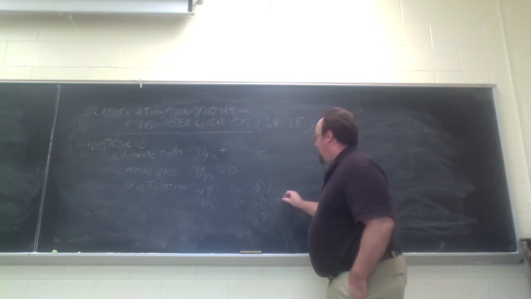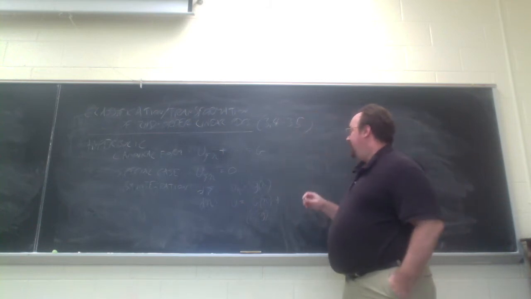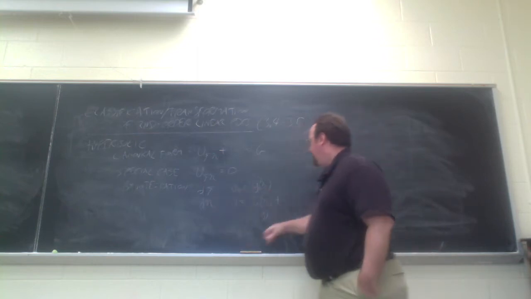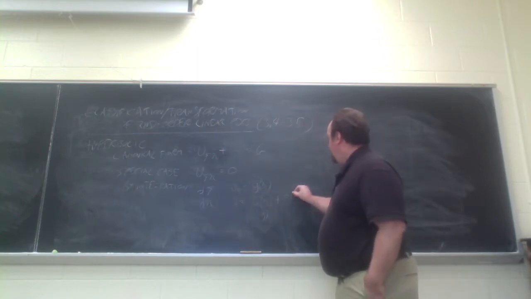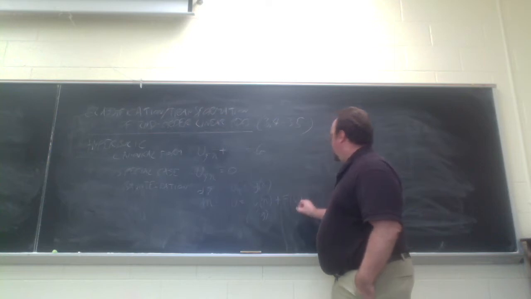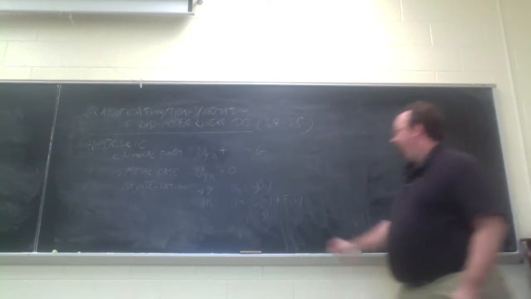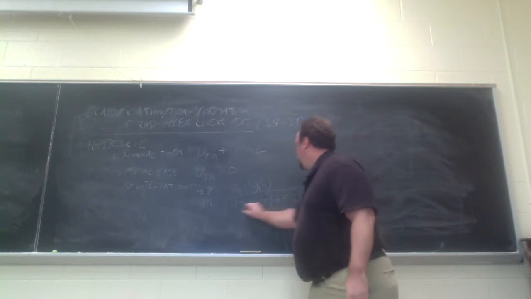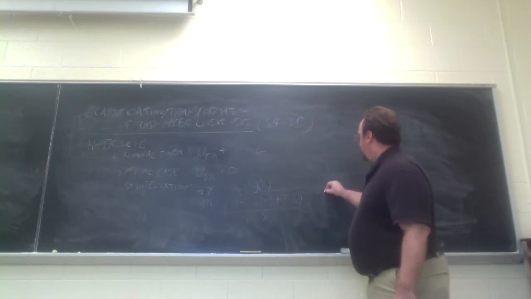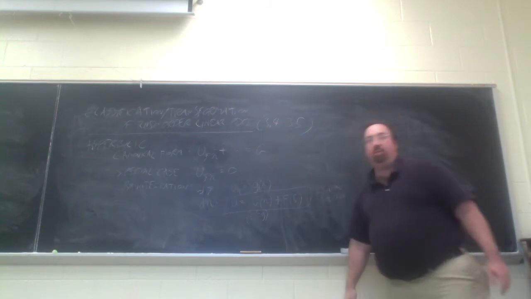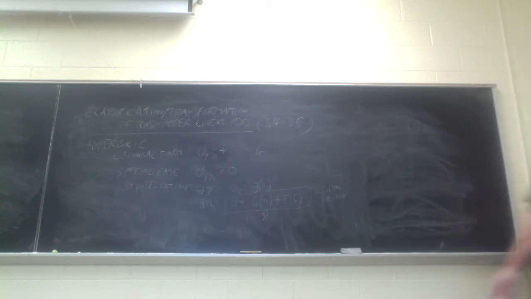But you add on to that your plus F again, which this time is going to be a function of ξ because you were integrating with respect to η. Okay, so this right here is your general solution. And then you would fill in what big F and big G are using initial conditions.